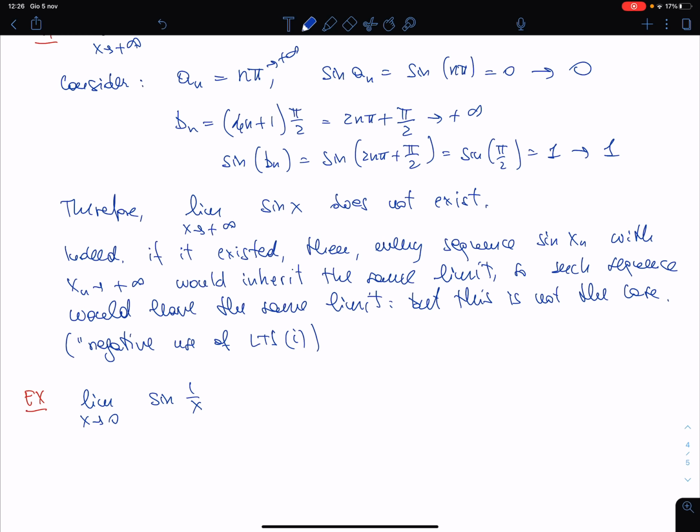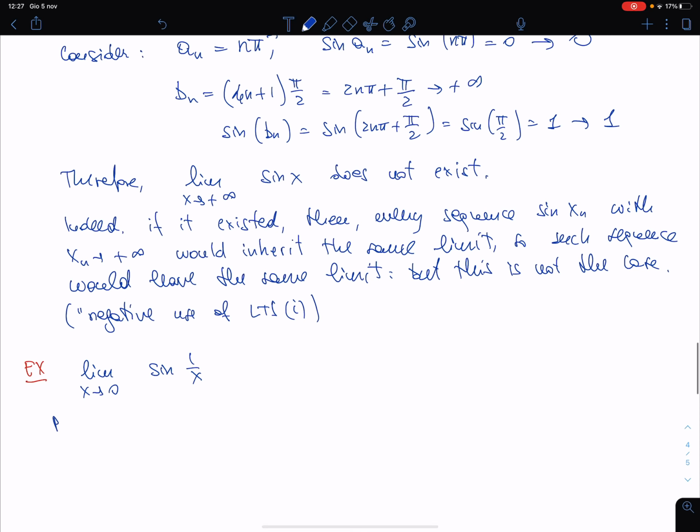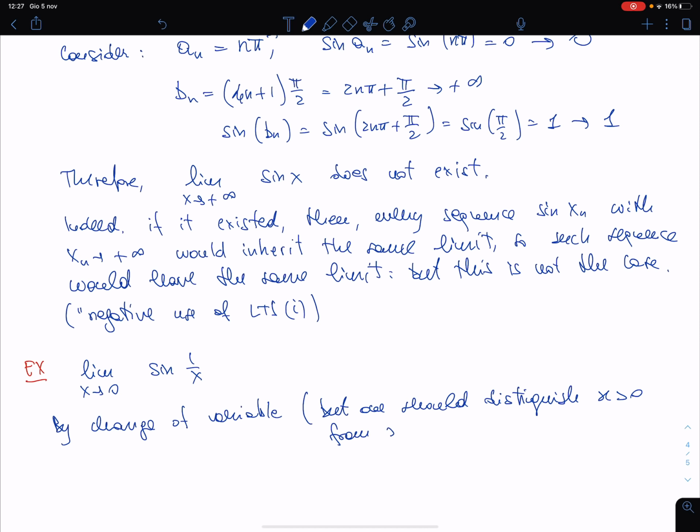Okay? So, first of all, you can reason by change of variable. But you should distinguish x larger than 0 from x smaller than 0.